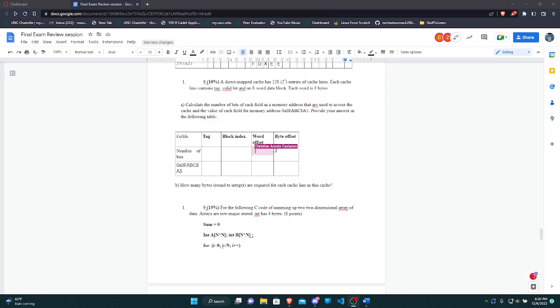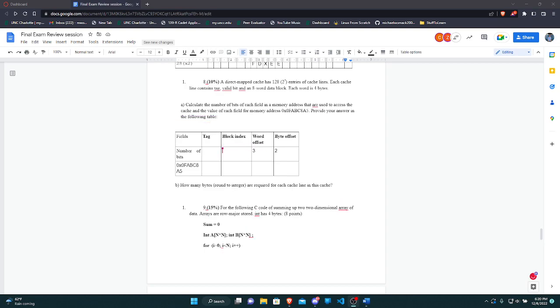Now we'll move on to the word offset. Word offset, that's going to be this bit right here, the 8-word data block. In this case, that's 2 to the 3 power, which equals 8. So 2 to the x power equals 8 is how you need to start thinking about it. So for the word offset, that's going to be 3 because of this exponent.